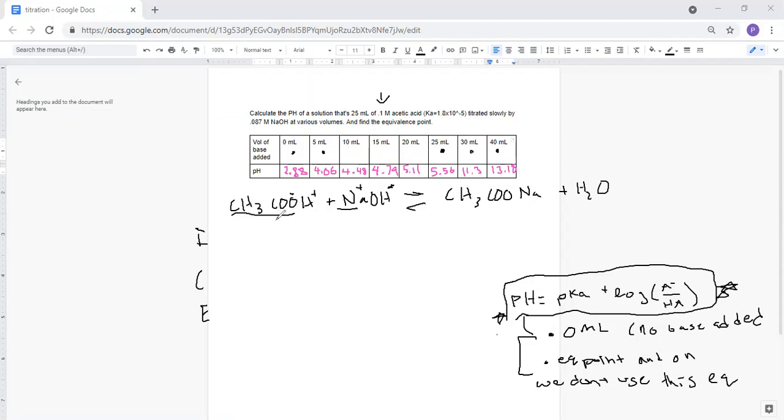So here's our concentration of acetic acid. The thing is, when we added NaOH, we changed the molarity. So we can't put 0.1 here anymore like we did previously. We have to adjust it for dilution. Because here's our 25 mils of acid, but when we add NaOH to it, we do something called dilution.